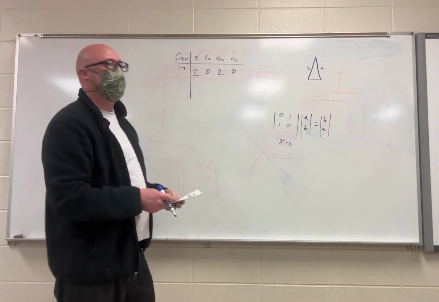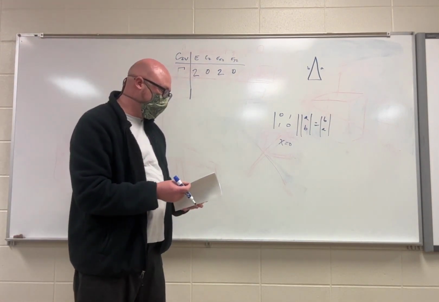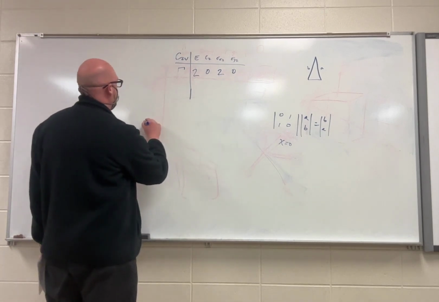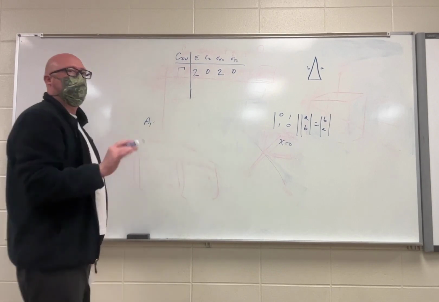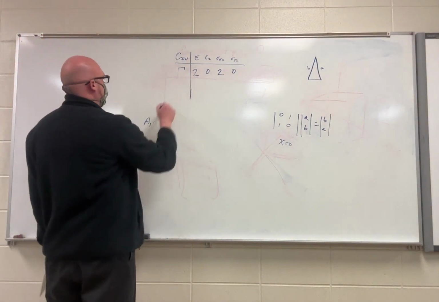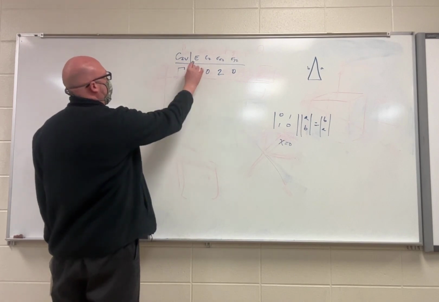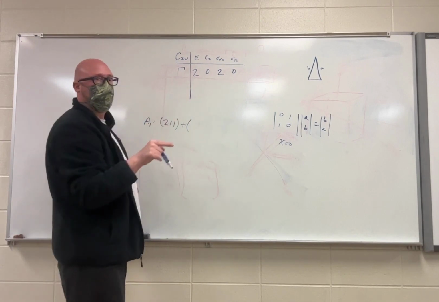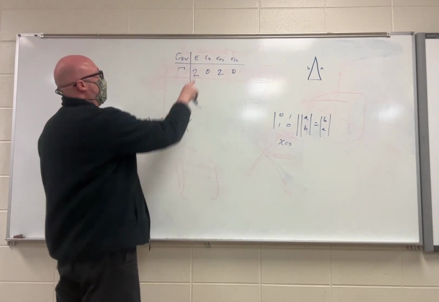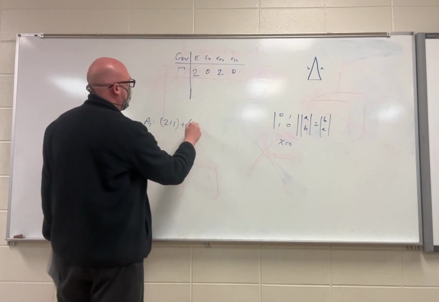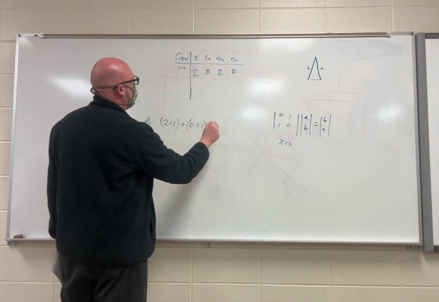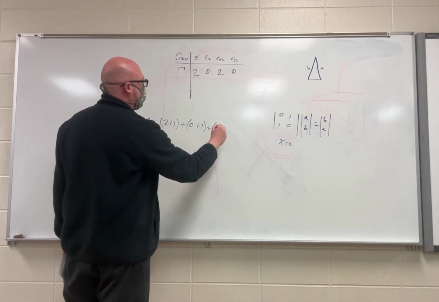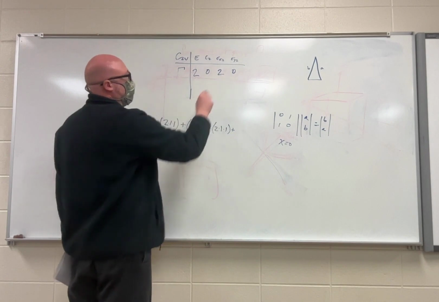So let's see if there are any A1 representations within this reducible representation. For A1, the characters are all positive 1. So we take 2 times 1 times 1 for the order of the class, plus 0 times 1 for the character in the A1 representation times the order of the class, plus 2 times the character in the A1 representation times the order of the class, plus 0.